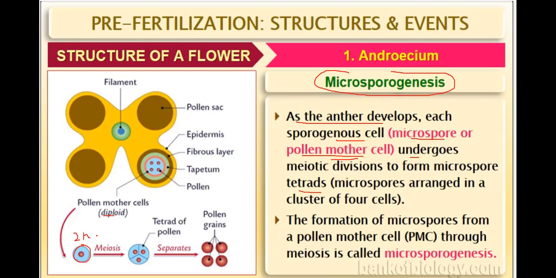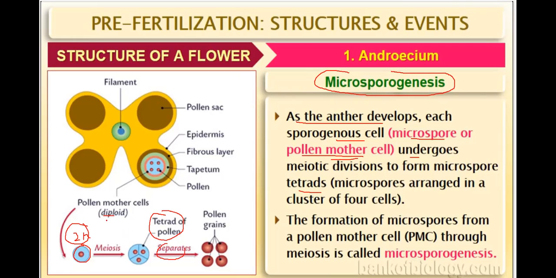It will undergo meiosis, not mitosis, a reductional division, and from one cell, 4 cells will be produced. That is called a tetrad of pollen. In the beginning they are together, but after some time they separate.